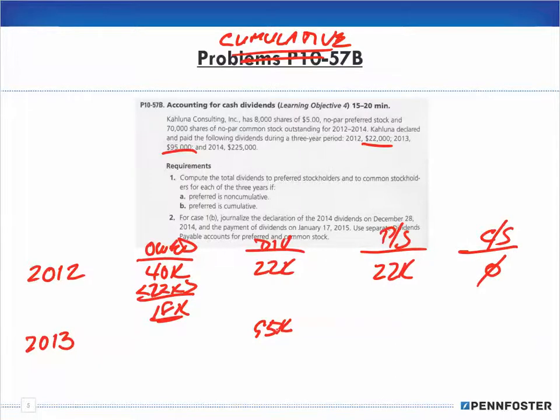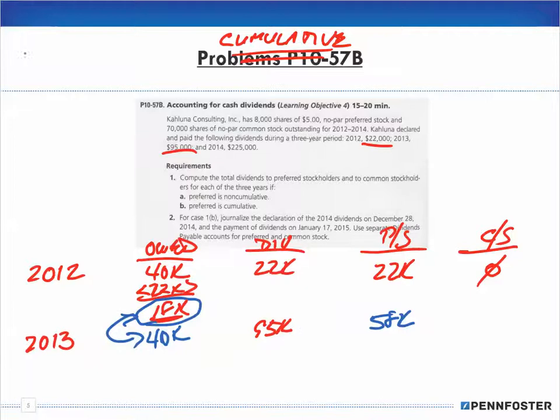So now we have 95,000. In 2013, and I'm going to do this in blue, preferred is owed an additional 40,000 plus the 18,000 from the previous year. So out of the 95,000, preferred is going to get $58,000.